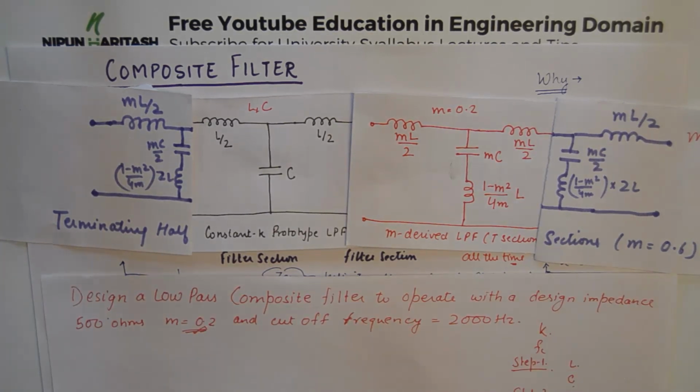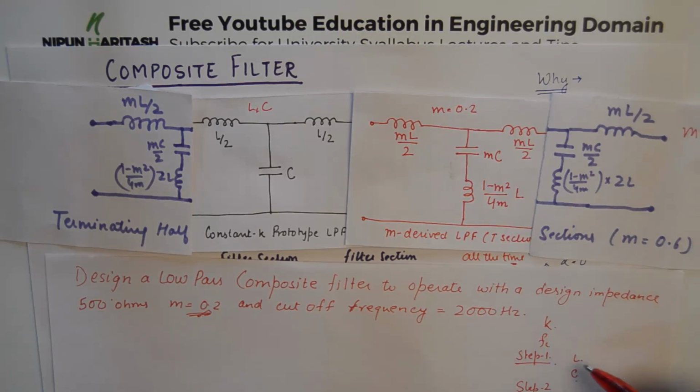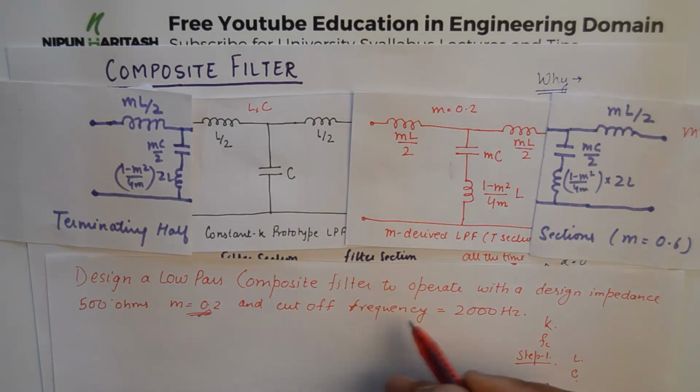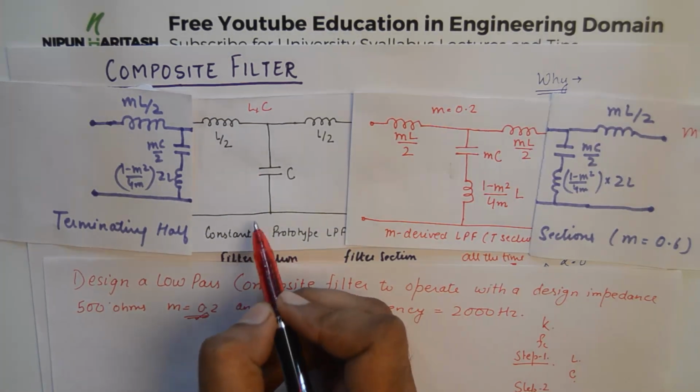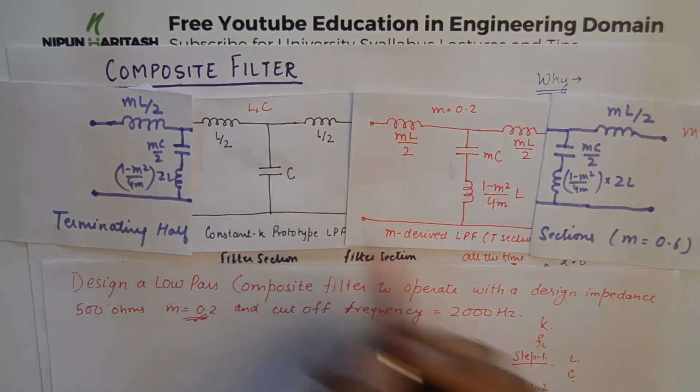Now if you look at the question statement once again, we need to design a low pass composite filter. Of course the first step is to find L and C from the desired cutoff frequency that we wish and the design impedance K, and the first step will facilitate us to draw this constant K type prototype filter, which is a constituent of a composite filter.